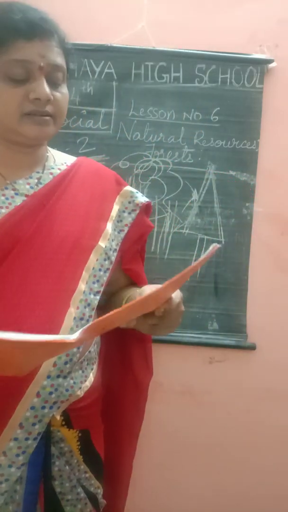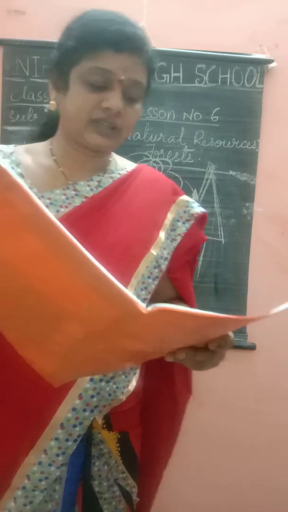Yes, and the features. The rays of the sun are very strong in these regions. There is very little rainfall, so the trees and plants need to live with less water.